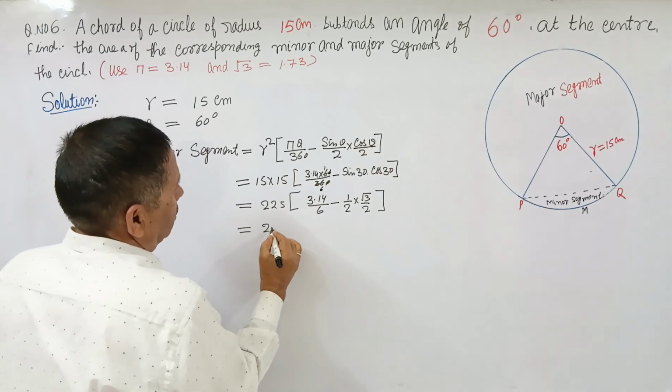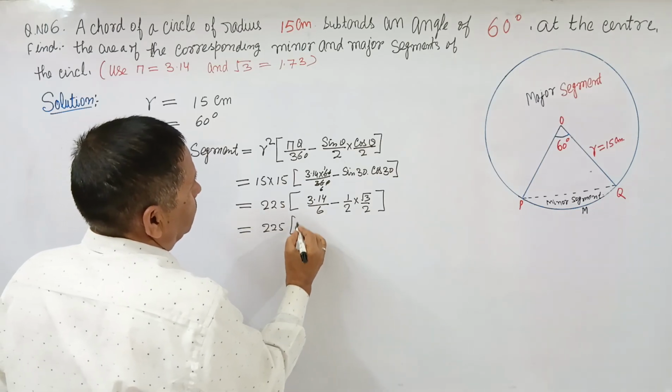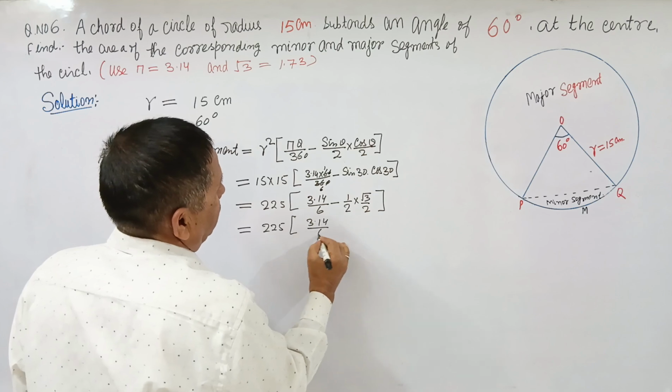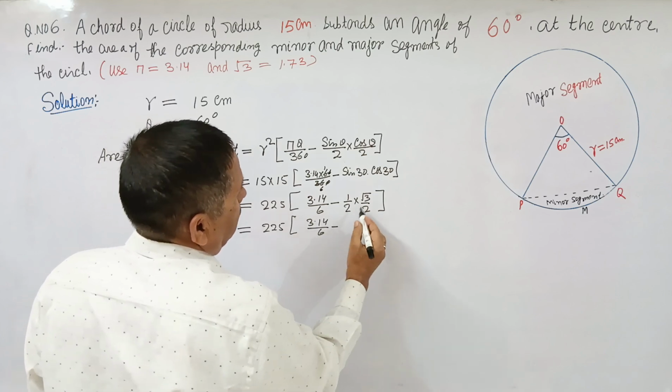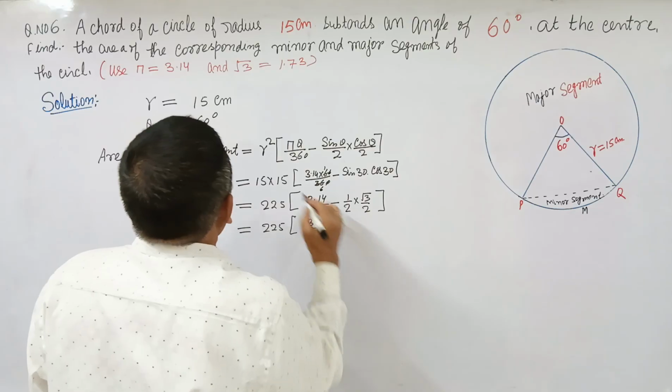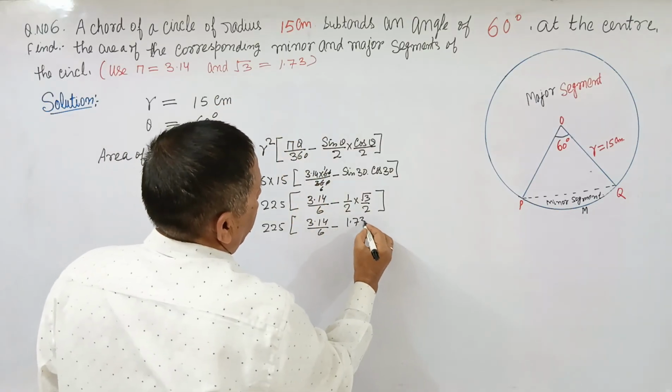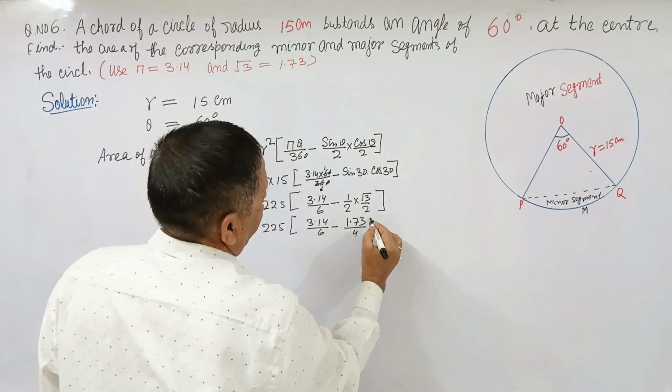So here this will become 225 into 3.14 upon 6 minus root 3, we have been given 1.73, so it will be 1.73 upon 4.